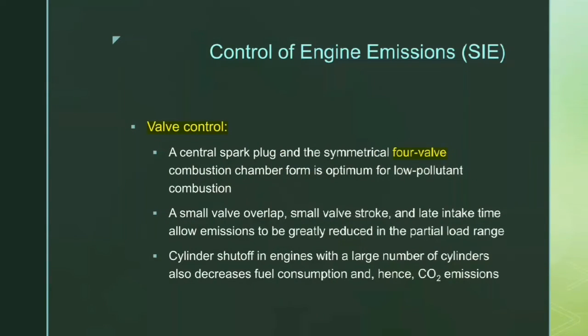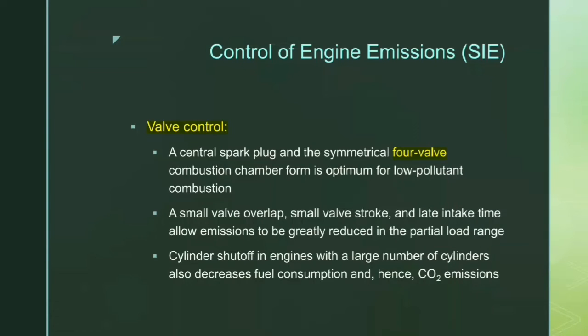Valve control. A central spark plug and the symmetrical 4-valve combustion chamber form is optimum for low pollutant combustion. A small valve overlap, small valve stroke, and late intake time allow emissions to be greatly reduced in the partial load range.